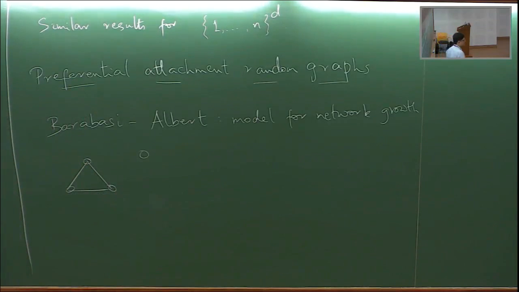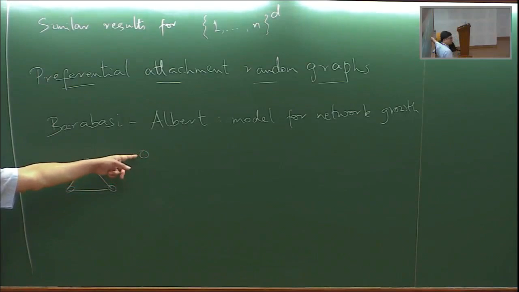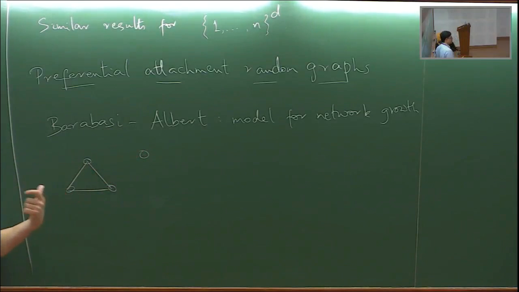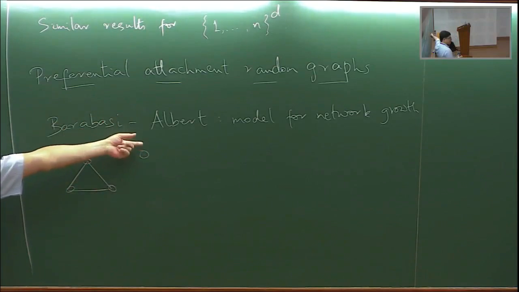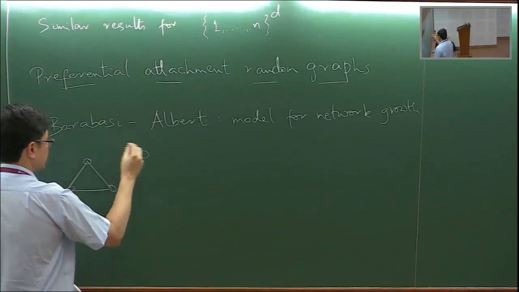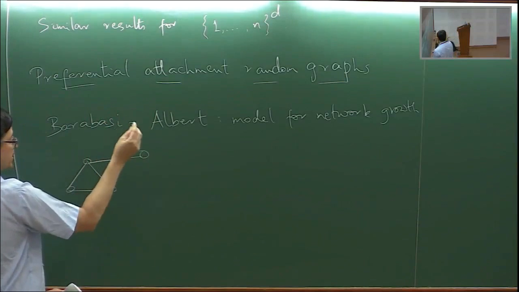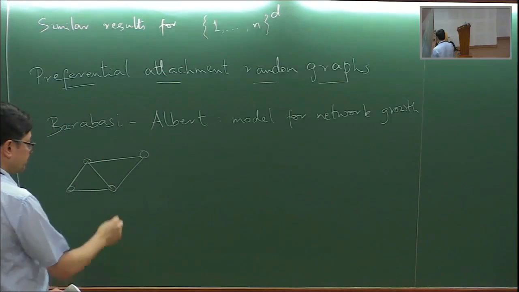Each node comes with some number of edges, m, and it's going to decide who to connect to with probability proportional to their degree. Or it might decide to connect randomly with some probability and with the remaining probability proportional to their degree. So let's say there are two edges it gets to assign. It might assign them to these two nodes.